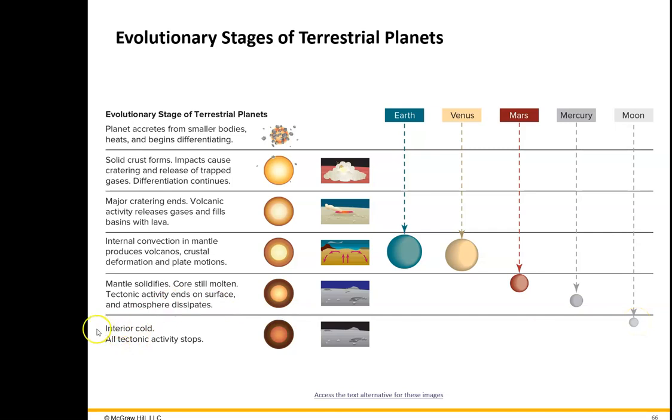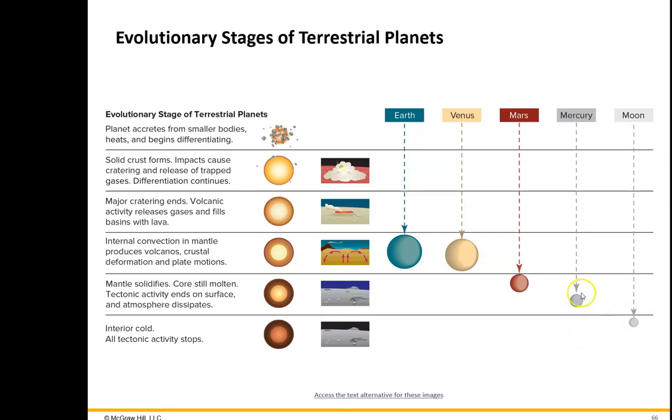When the world, and we're including the moon here, it's not a planet of course, but we're including it to compare, when the interior cools off, all significant tectonic activity stops. There are little tiny moonquakes, but there's not a lot going on on the moon.